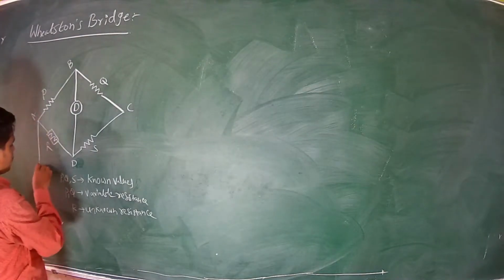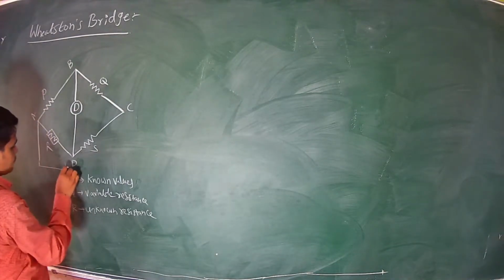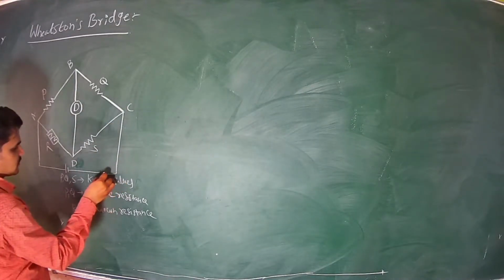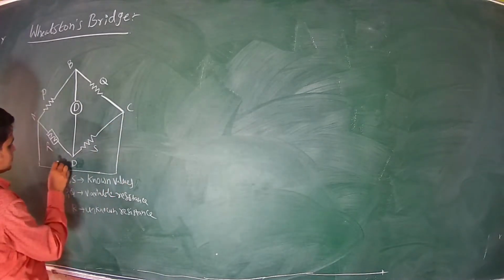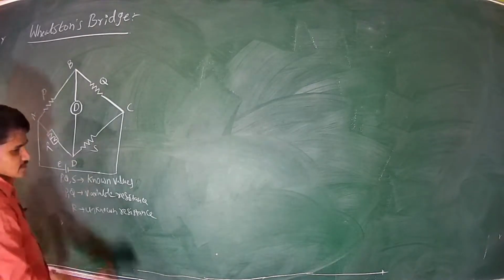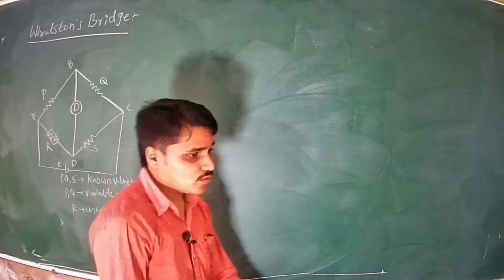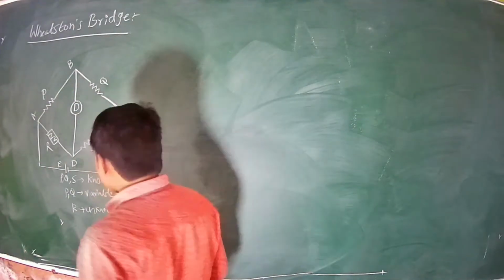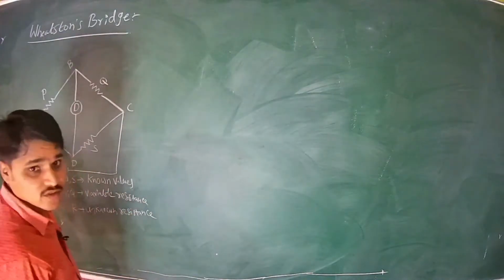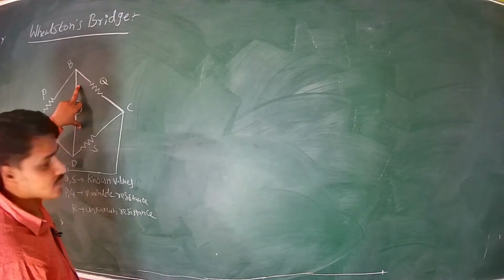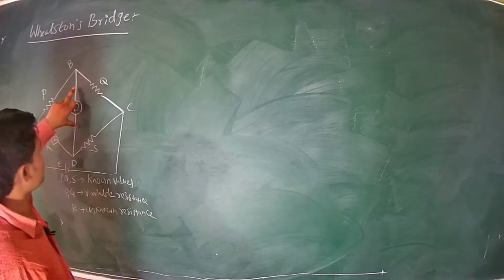Now I am going to give the supply for this bridge. Let us say the supply voltage is capital E. Now what is the idea to measure this resistance? We have to bring this bridge to the balanced condition. What is the balanced condition?